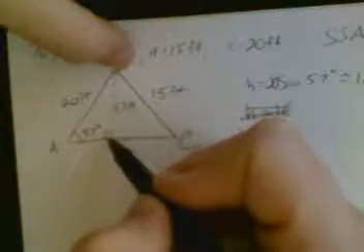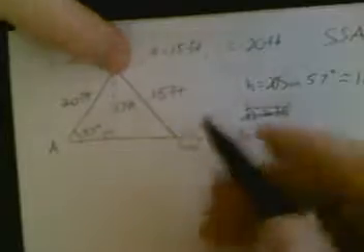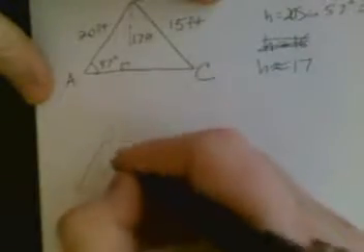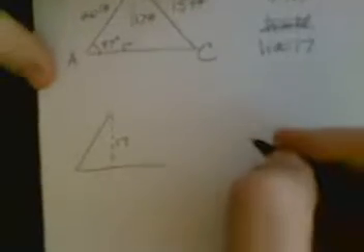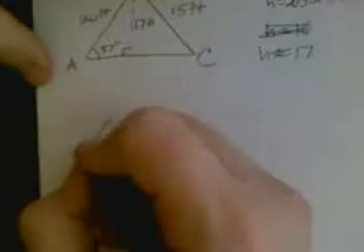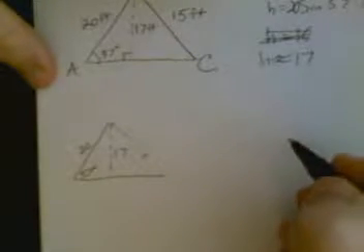If the height is 17 feet, the side that is slanted is supposed to be longer than it. So in theory, this is what I'm actually seeing on this triangle. I see 17 here, I see 57 degrees there, I see 20 there, and my 15 is coming down, and then it stops.